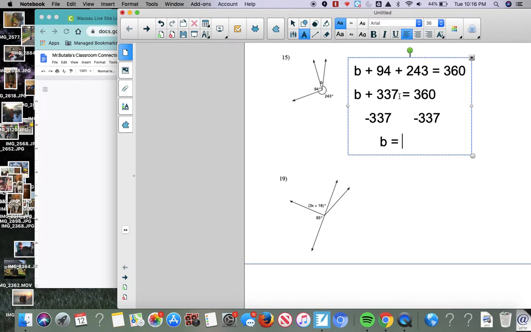And my final answer for this problem is 23 degrees. So if I add them up, 23 plus 94 plus 243, I should get 360 degrees.